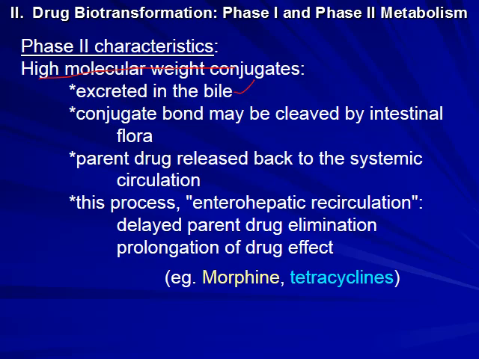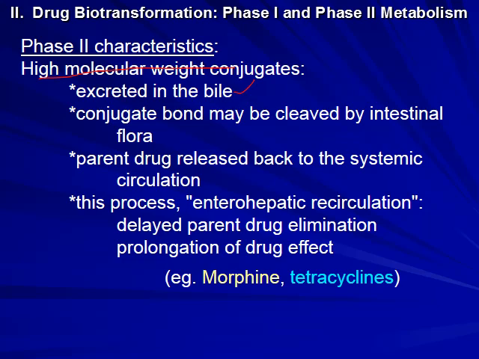It's being dumped by the liver into the bile, ending up in the gut, but the gut is cleaving it. So it's being reabsorbed systemically, coming back to the liver. The liver is changing it, dumping it in the bile. The microflora is cleaving off that conjugate, it comes back into systemic circulation, goes back into the liver. So there's a cycle that forms between the liver and the gut.